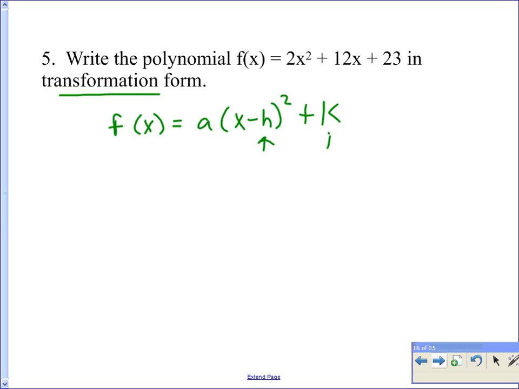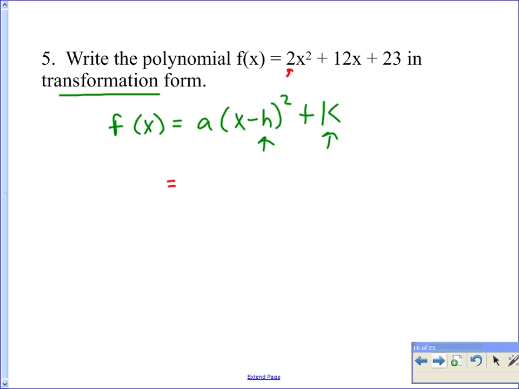Okay, and what we need to do is find the vertex. So I can do this by completing the square, or I can go and find the vertex first. We already know what our a is going to be. So if I factor out that a value of 2, and I use my vertex, then I should be able to write this in transformation form.